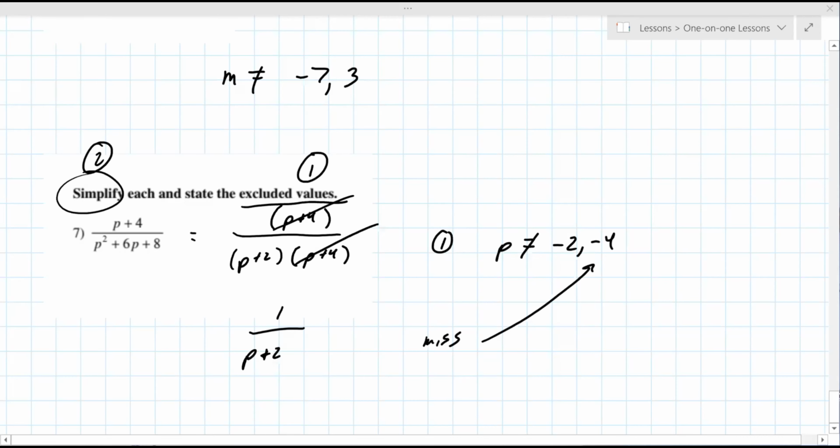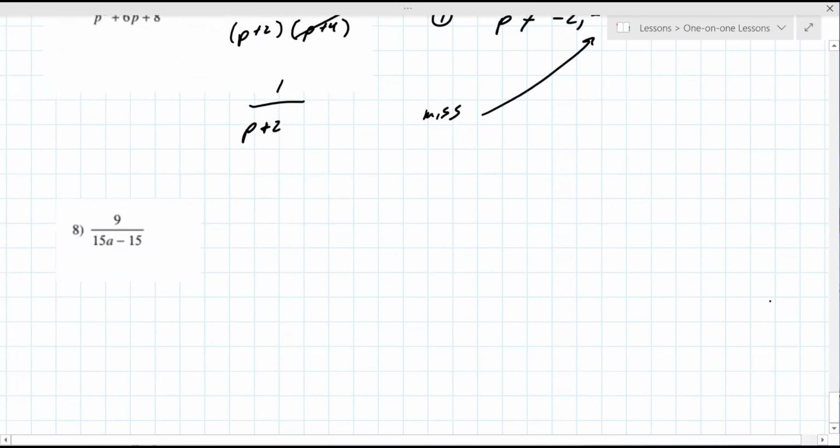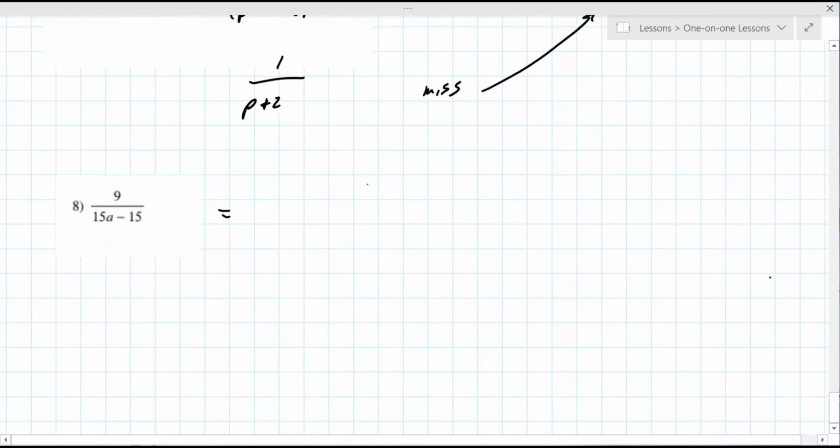So let me grab 8 here. One of the things that may be unclear here is that you can do some things to make the bottom simpler without violating what I said about doing them in this order.